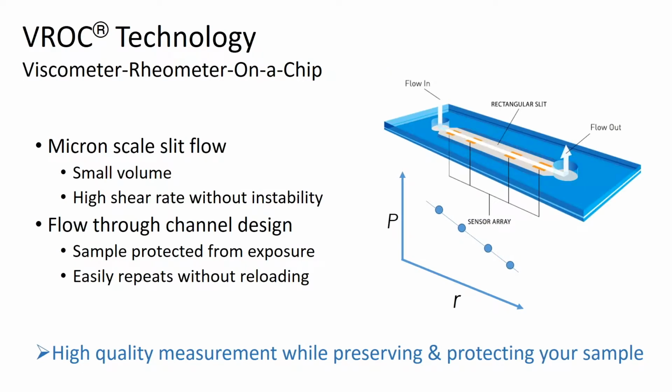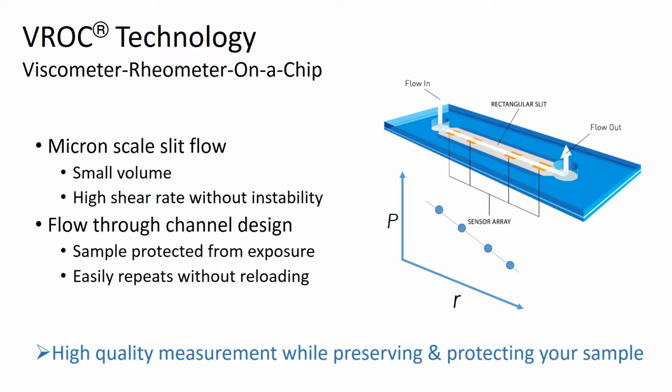So now, getting into how to measure. The reason that the VROC, or viscometer rheometer on a chip technology, is ideal for these types of measurements that we're going to talk about later is the micron scale dimensions of the flow cell.